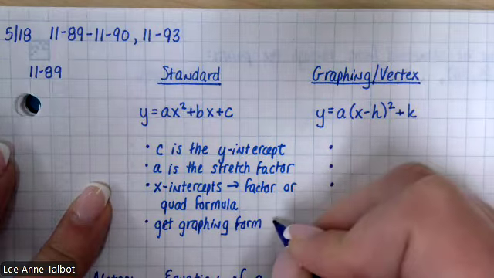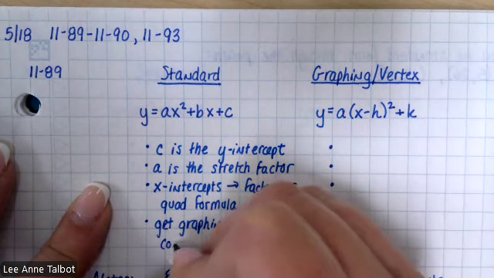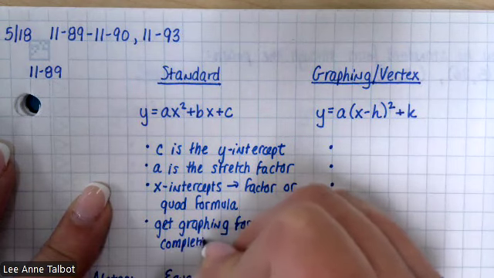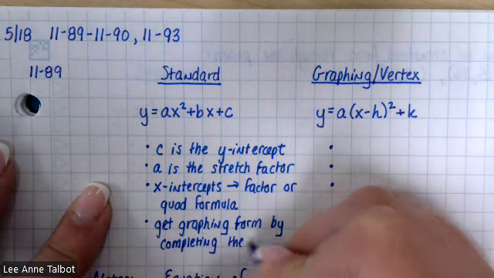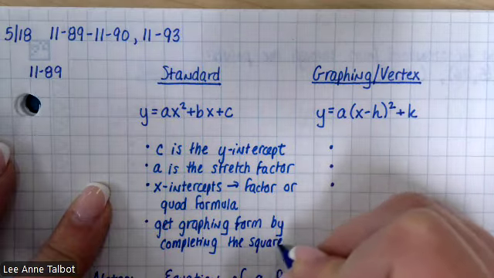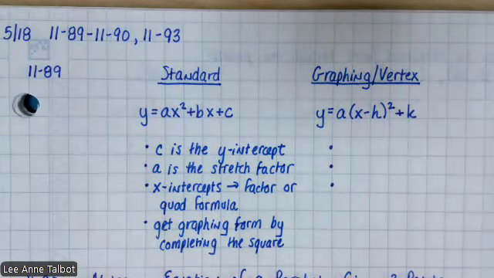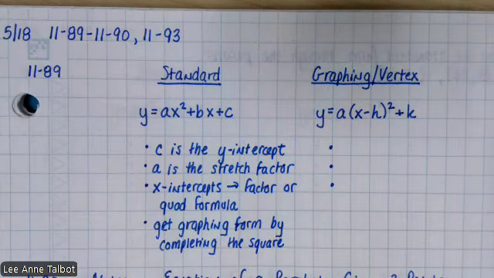And you can get graphing form by completing the square. We did all of those things in the first semester. We looked at C is the y-intercept, A being the stretch factor. We did a lot of factoring and the quad formula the whole year. And we did some completing the square in the first semester.